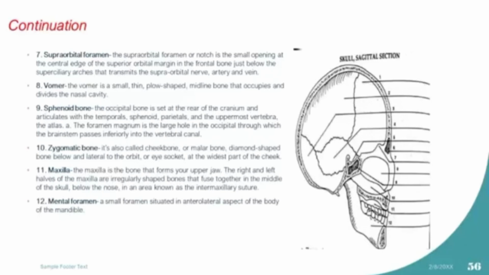The right and left halves of the maxilla are irregularly shaped bones that fuse together in the middle of the skull below the nose in an area known as the intermaxillary sutures. 12. Mental foramen. A small foramen situated in an anterolateral aspect of the body of the mandible.